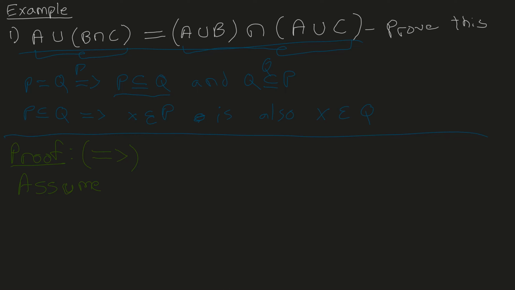So we can assume x, which is our arbitrary element, is in A union B intersection C. So what does this mean?